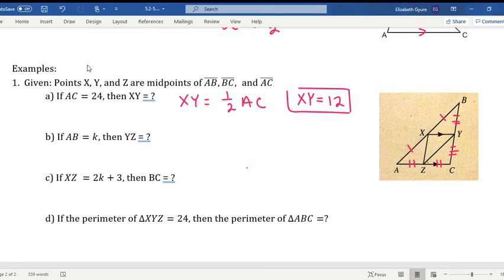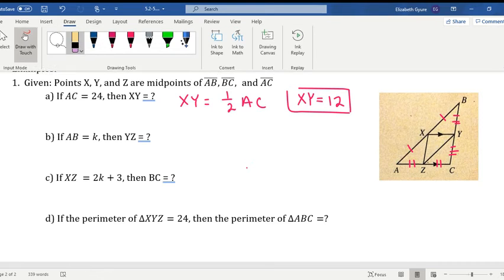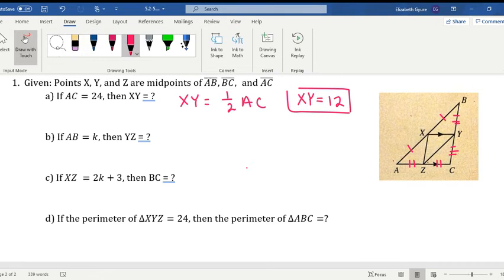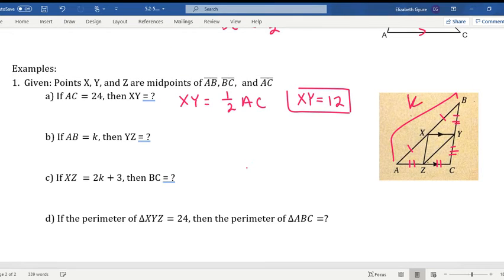So if the measure of AB is K, what would YZ have to be, Sebastian? It is, yes. You could say 1/2 K, you could say K over 2, whatever you prefer. Good.